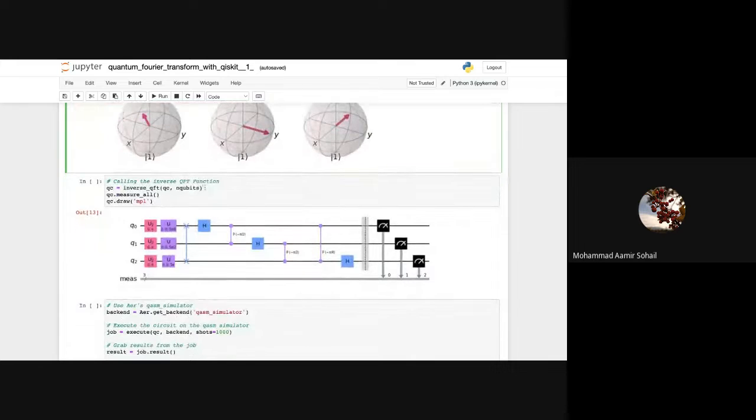And then now here we apply this inverse QFT part. So the inverse QFT will look something like this here. And maybe let's spend some time here and try to infer how the inverse QFT looks. So we saw that the QFT has something like this. It starts with the first block here, H, and then the phase with pi by 4, phase with pi by 2, the second block, H, then phase pi by 2, then third block, and then the swap.